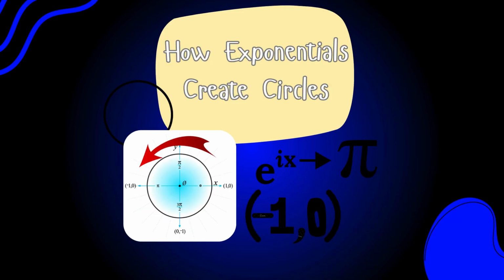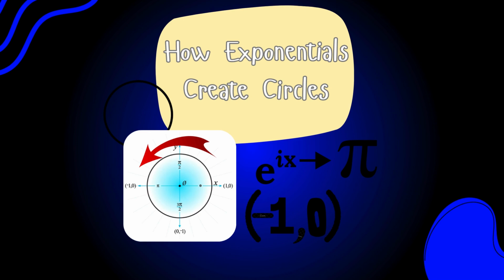Now, furthermore, how exponentials create circles. Here's where it all comes together. We usually think of exponentials like e to the power of x as producing growth, something that shoots off to infinity. But when we plug in an imaginary number like ix, which would be replaced by π in this case, something very different happens.